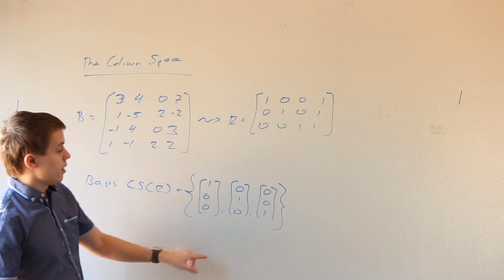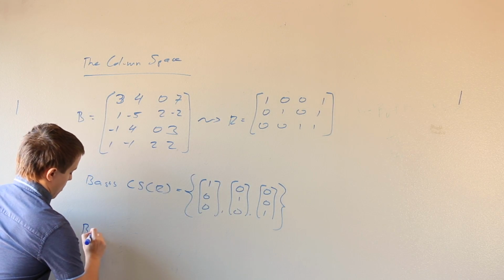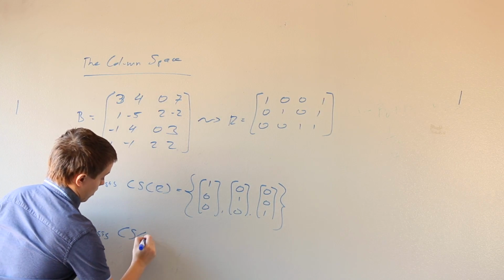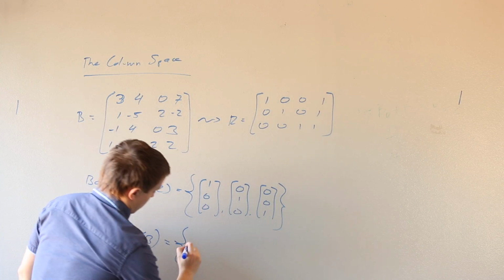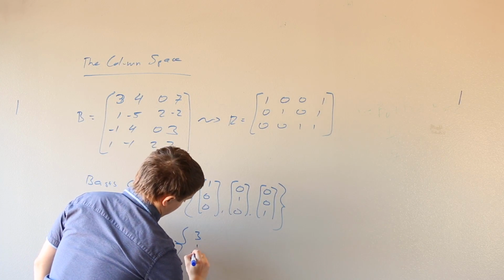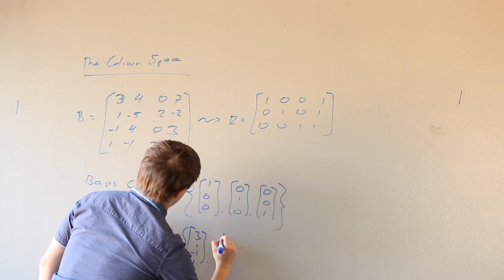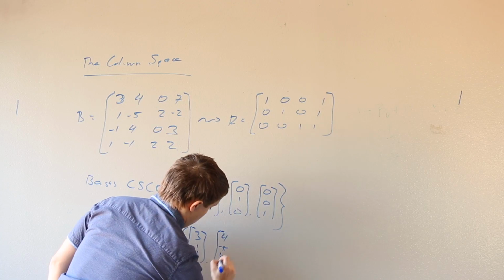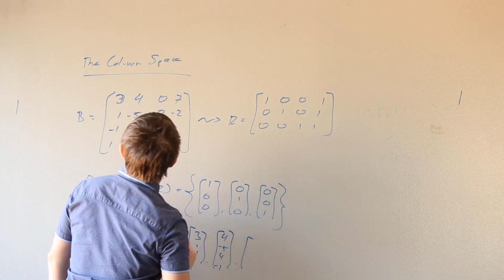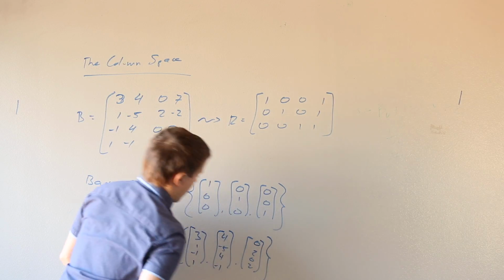So therefore, the corresponding three columns of B form the basis for its column space. So we have (3, 1, negative 1, 1), (4, negative 5, 4, negative 1), and (0, 2, 0, 2).